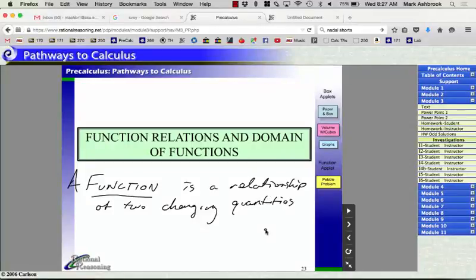Measurable attributes of objects. So now we saw with the square cutout length and the volume, as you change the square cutout side length, the volume changes as well. That's a relationship of those two quantities. A function is a way to model that relationship.